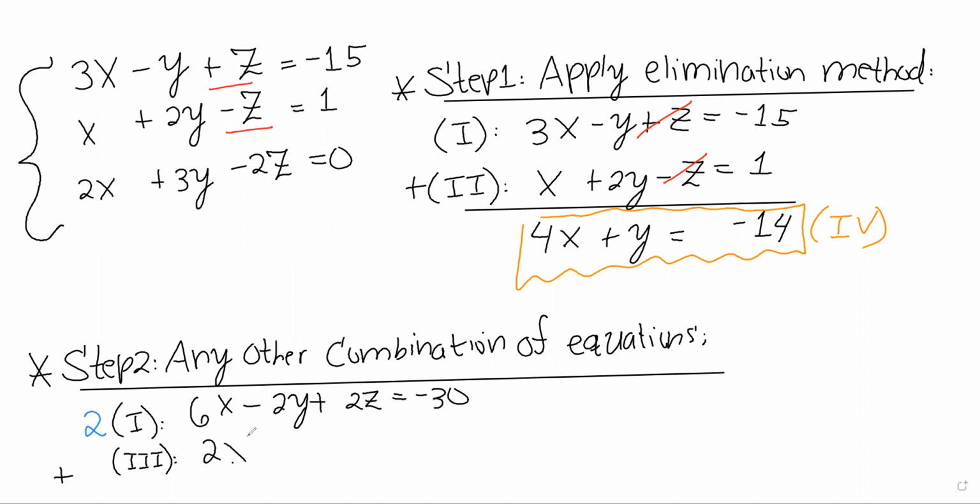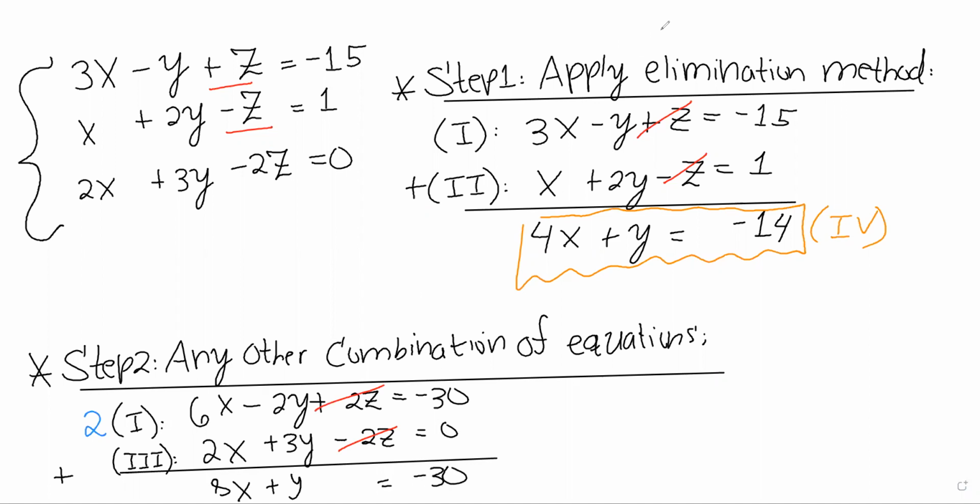Then we have equation 3, 2x plus 3y minus 2z equals 0. This gives 8x plus y. Notice how z's eliminate again. A positive 2z minus 2z, and this equals negative 30. I box this equation and I call it equation 5.